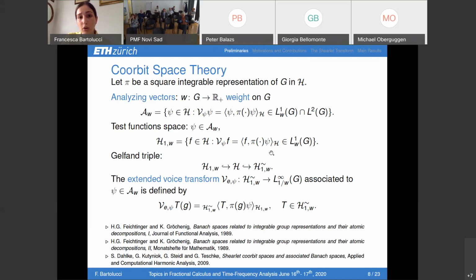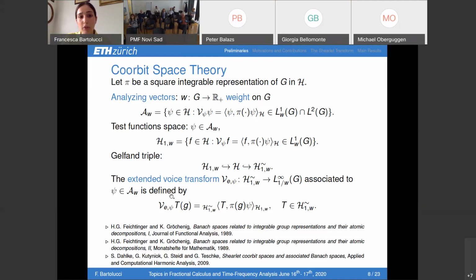So in the Coorbit space theory, the fact that we extend the voice transform is not the end of the Coorbit theory, but is just the first step. Because once we have this extended voice transform, the so-called Coorbit spaces are introduced, are defined, by requiring decay properties on the extended voice transform.